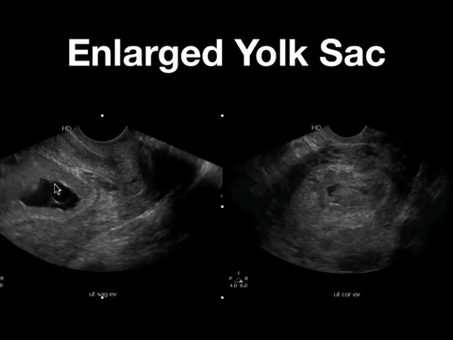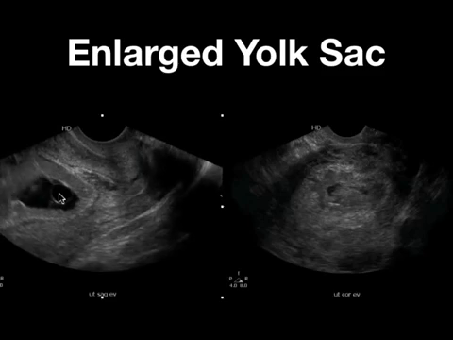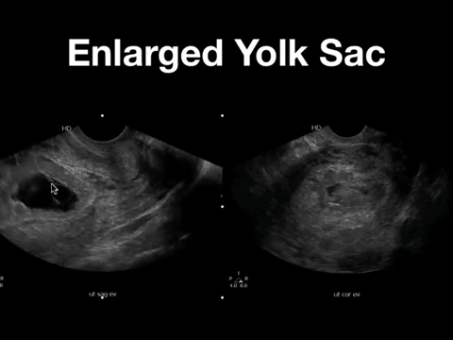Here you've got an enlarged yolk sac. It is echogenic with a central clearing, but a yolk sac that's greater than about 5.6 to 5.9 millimeters is associated with aneuploidy. If you look here, you can see another ring here, and this is the amnion right here.